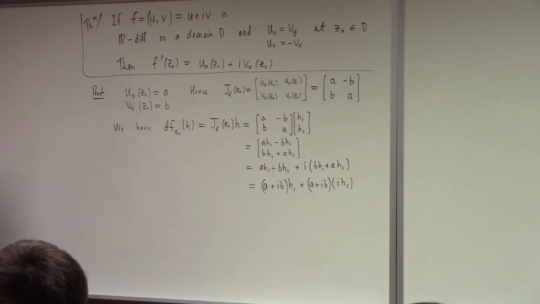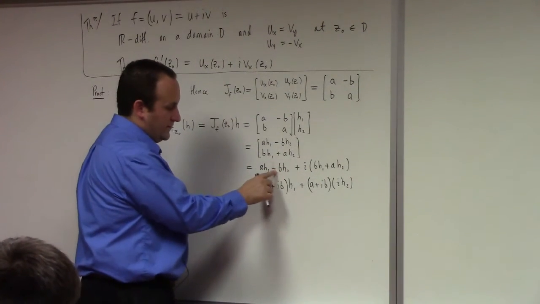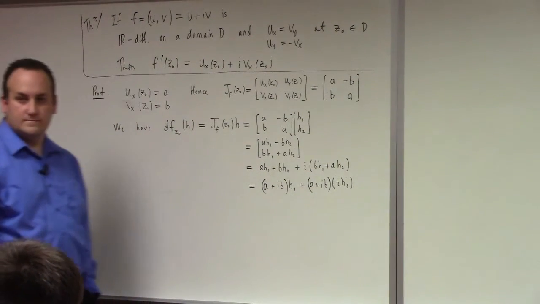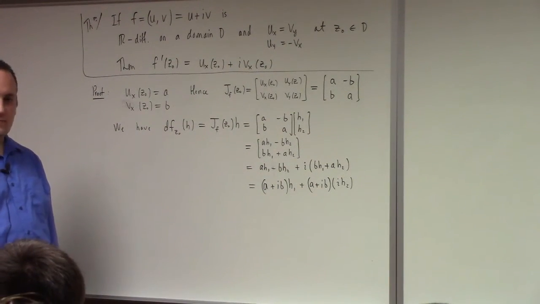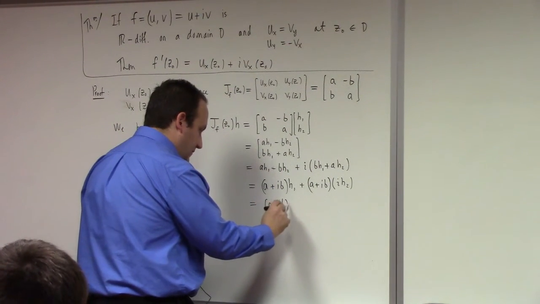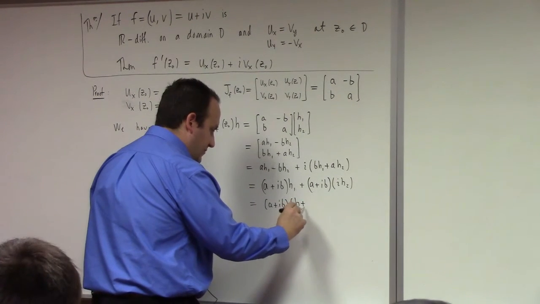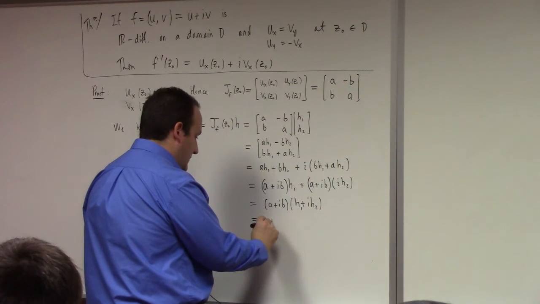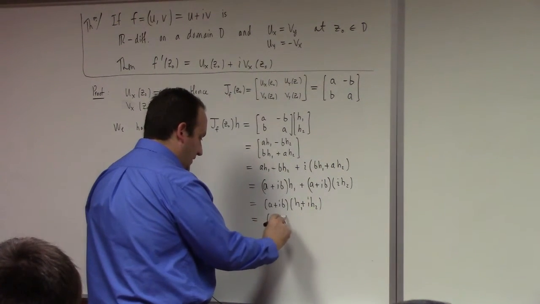It's obvious that I've got a h2 times i, right? Where's the minus coming from? What did I do? I changed this minus right here into an i squared to factor it like that. And then, of course, you can rewrite this as a plus ib times (h1 plus i h2), or simply a plus ib times h.